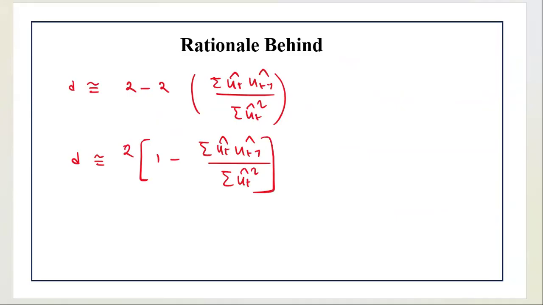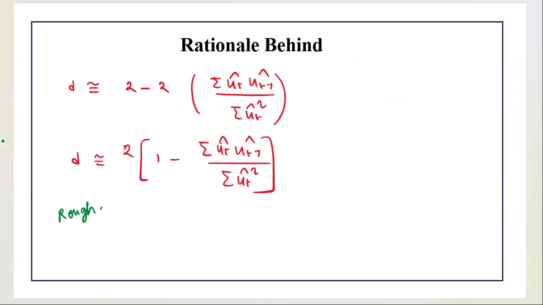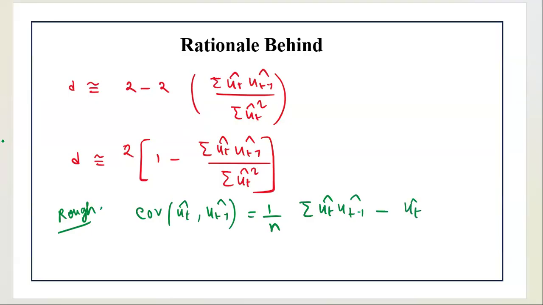Now we can do some rough calculations. What we know is that the covariance of ut cap and ut minus 1 cap is 1 by n summation of ut cap ut minus 1 cap minus ut cap bar into ut minus 1 cap bar, right?